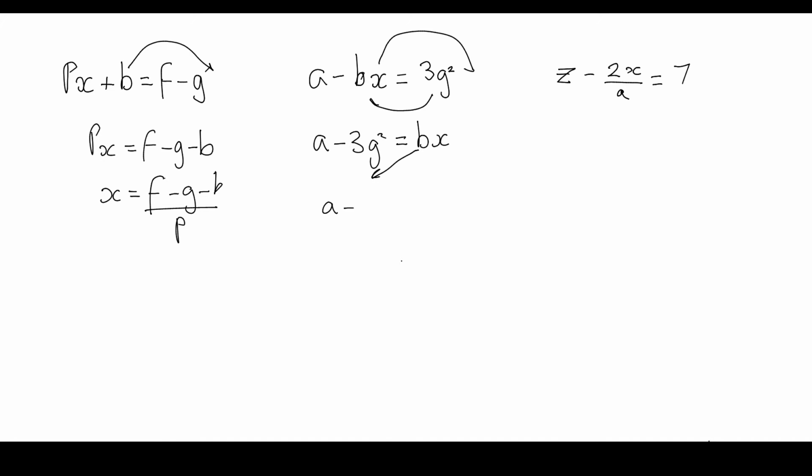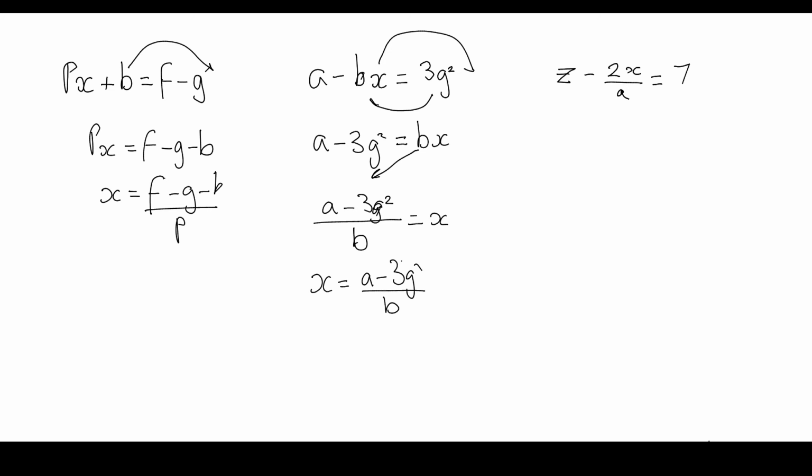So that's going to give us a minus 3g squared over b equals x. But obviously we want the x first, so it's x equals a minus 3g squared over b.